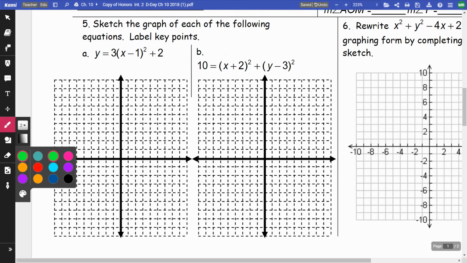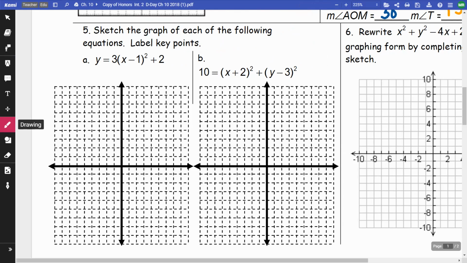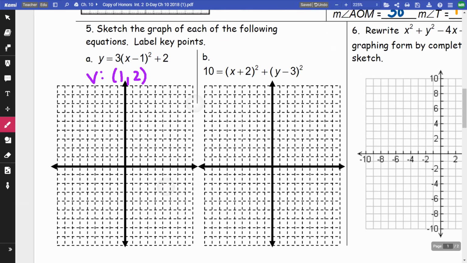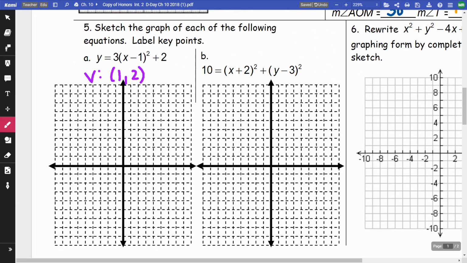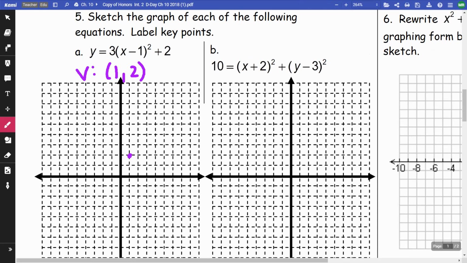On number 5, we're going to be graphing these. So the vertex for this is 1, 2. So we are going to be going to 1, 2 and put our vertex. So that's going to be right here.